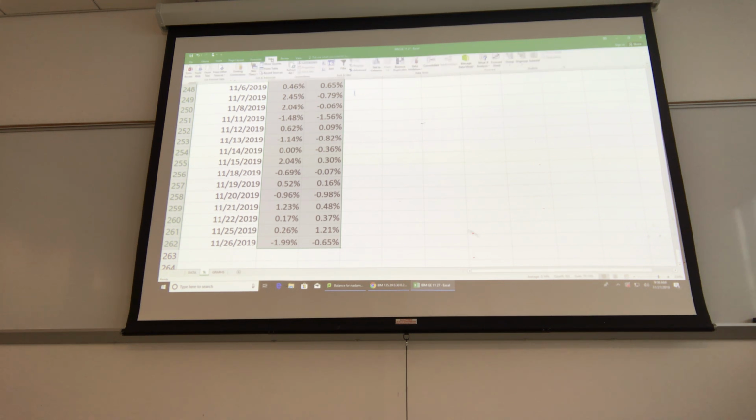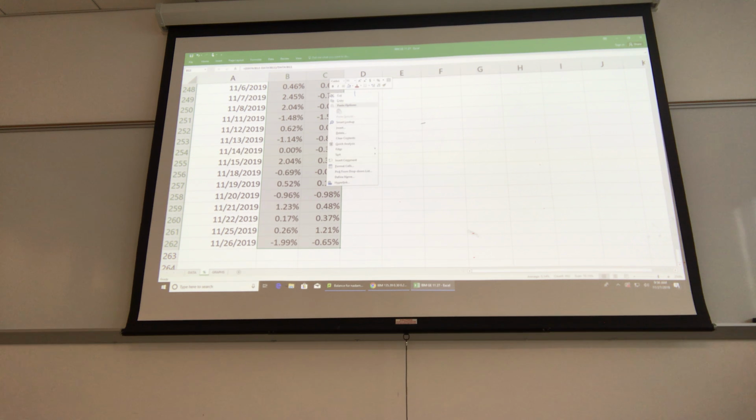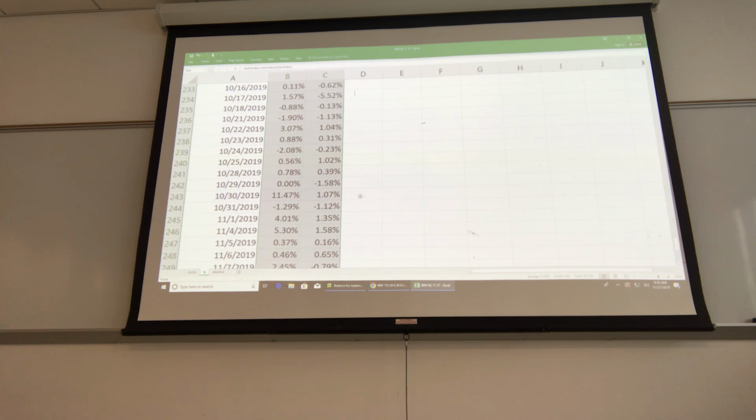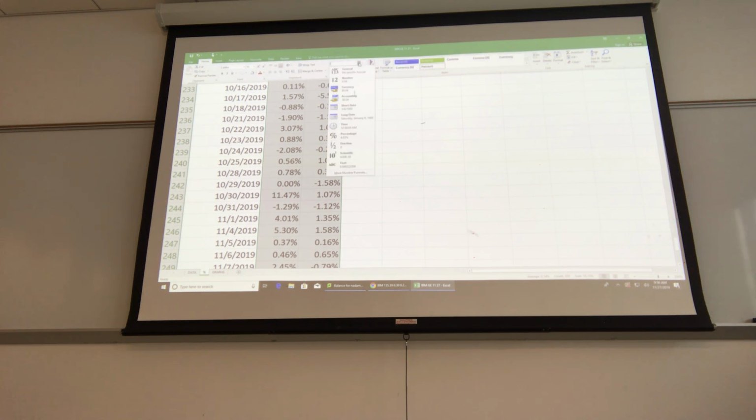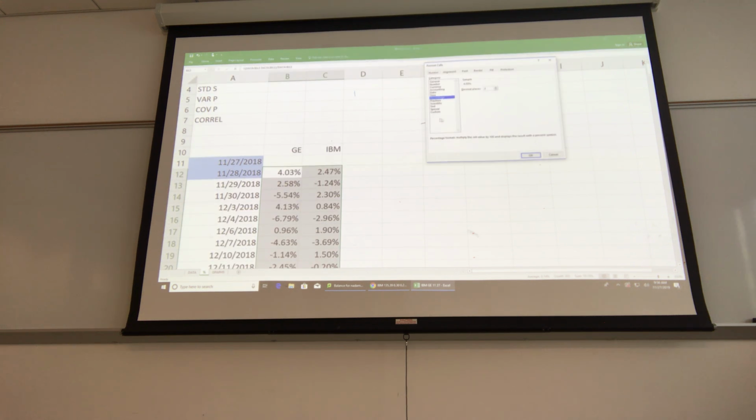It is this part here. I would like to format it in such a way that would give me a different case. What do I want to see?